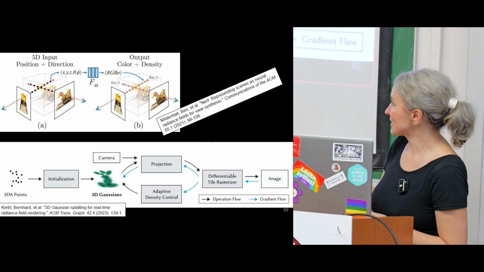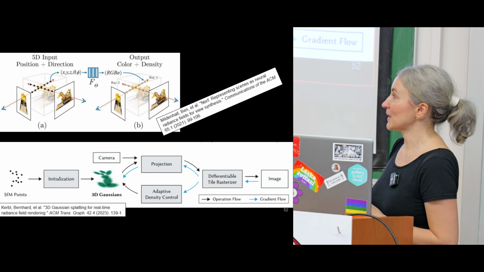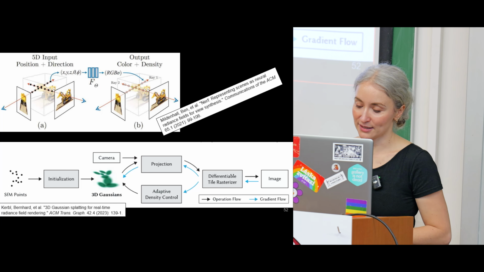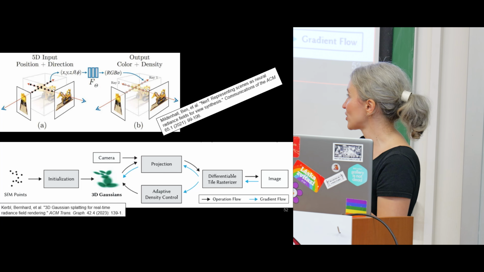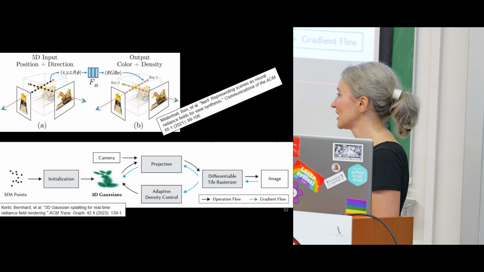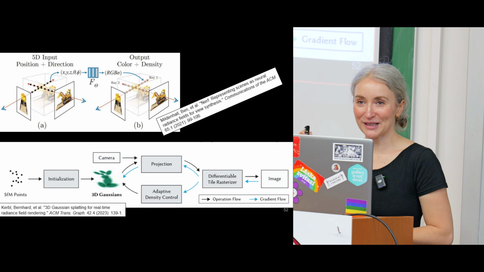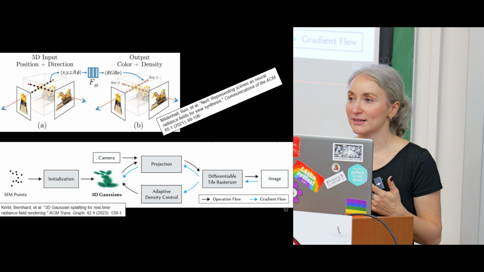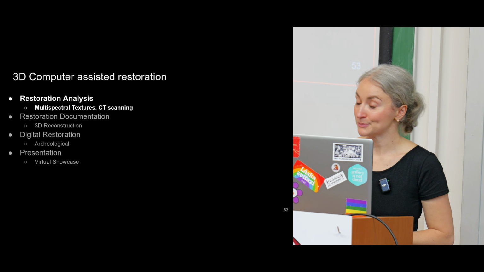So after the structure from motion step, you will use Gaussian splats to visualize it, or you will just need images and use NeRF to visualize it in this way. These are novel techniques which are currently in the literature. This paper from 2023 already has like 6,000 citations, so it's a very hot topic in this area. However, I'm not aware that anyone in a museum or gallery setup is using this right now.